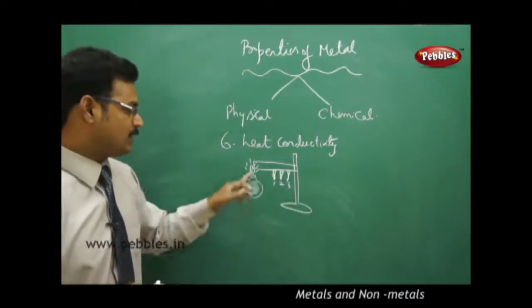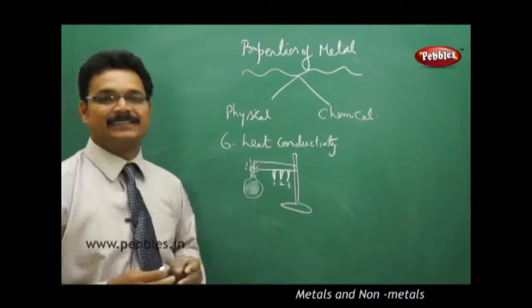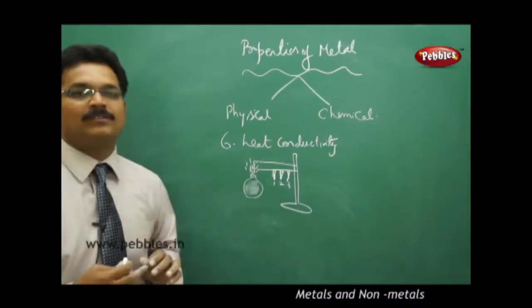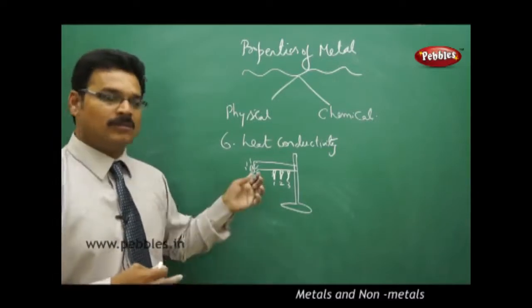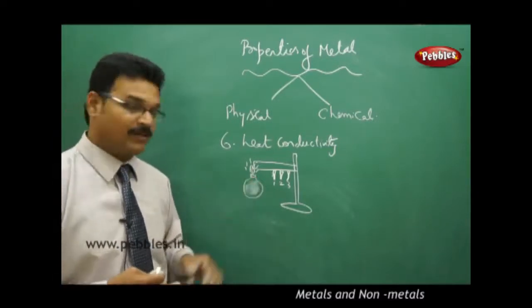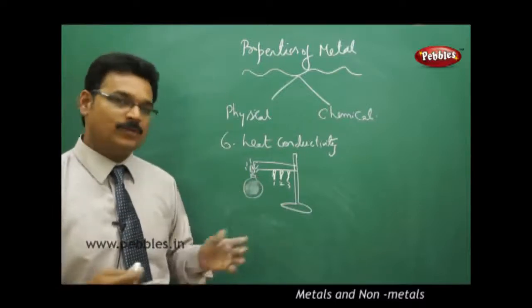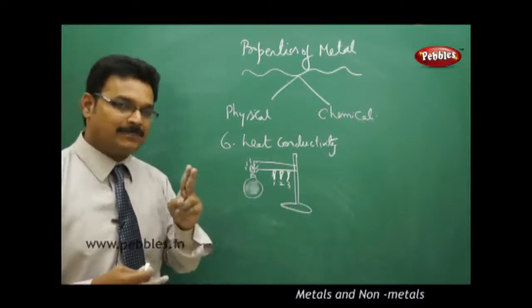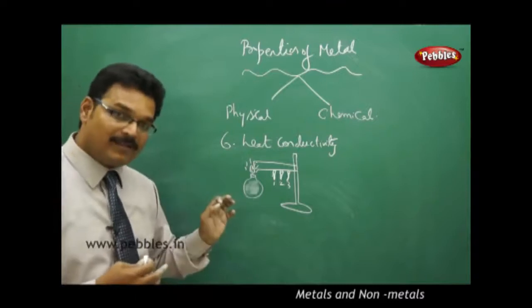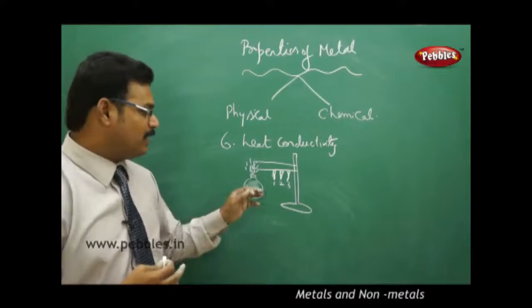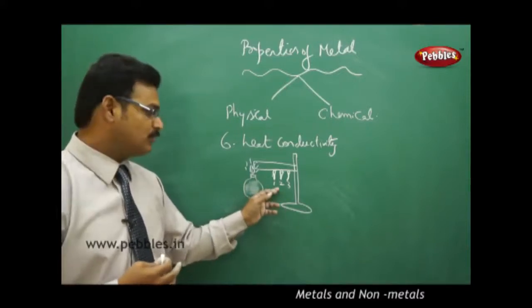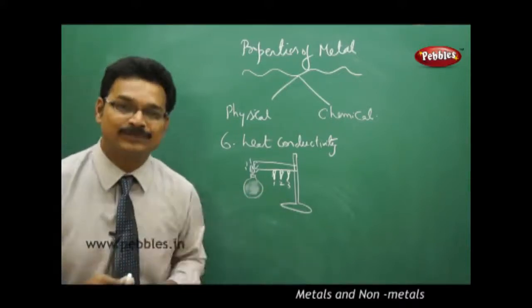Now as soon as the iron rod starts heating, if you observe carefully, what happens? The pins will leave the iron rod and fall on the ground. You understand that? Second observation, which pin falls first? Yes, you are correct. Pin number 1 falls first, and then 2, and then 3. Why is it so?